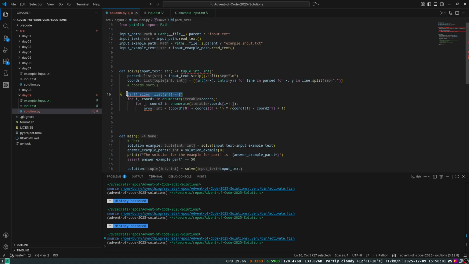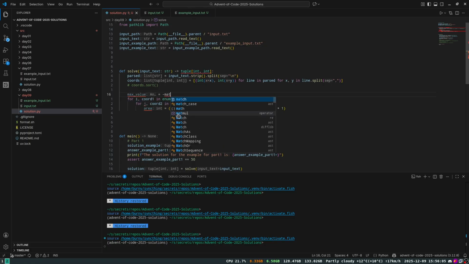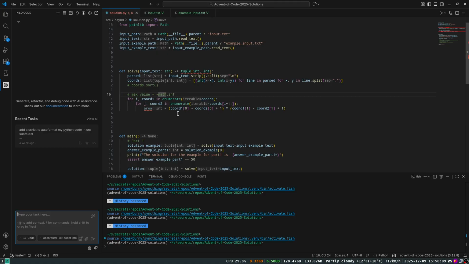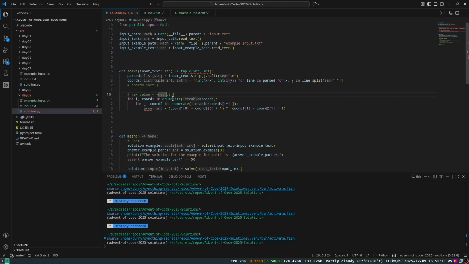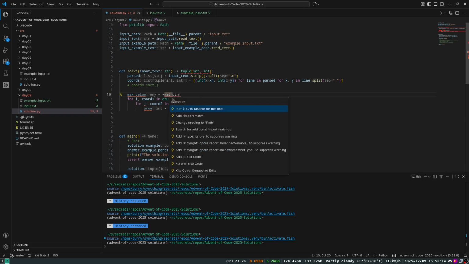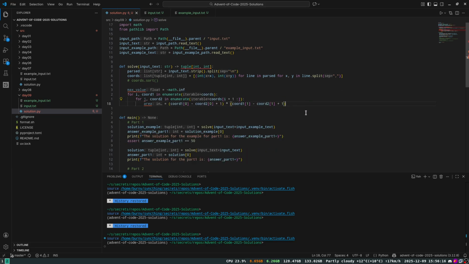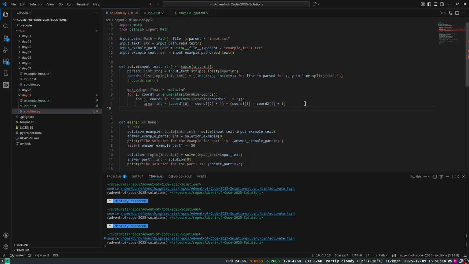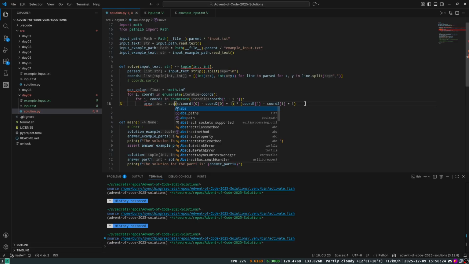And then if, I don't know, max value is currently minus math inf. Oops. Import math. If, and do oops.